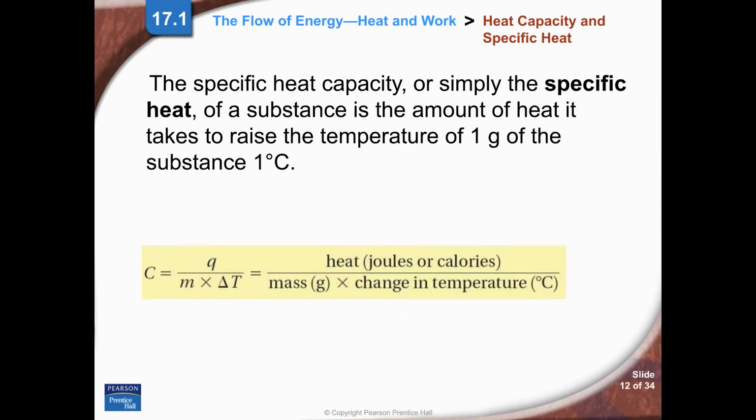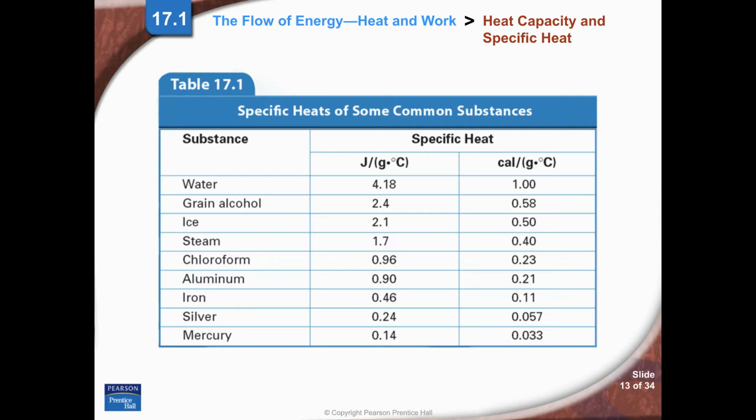The specific heat capacity, or simply the specific heat of a substance, is the amount of heat it takes to raise the temperature of 1 gram of the substance 1 degree Celsius. We're going to come back to this equation in just a second. I want to look at this chart first.